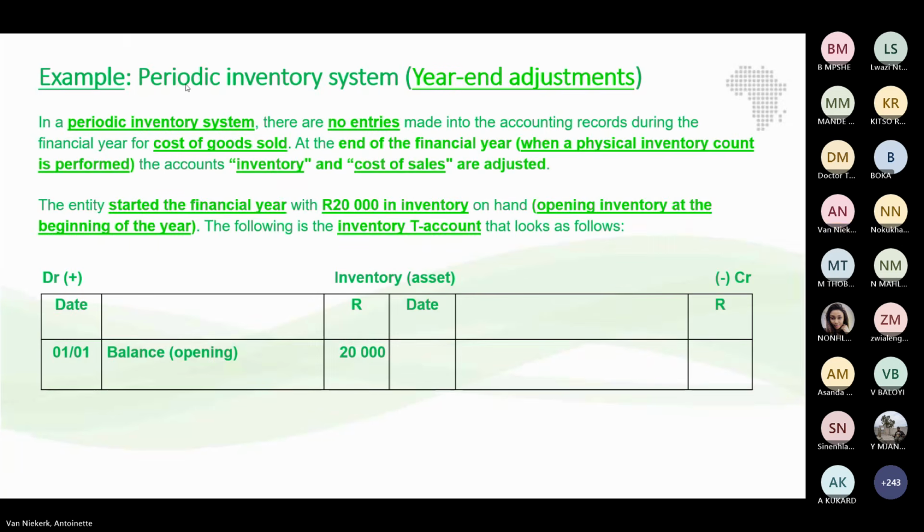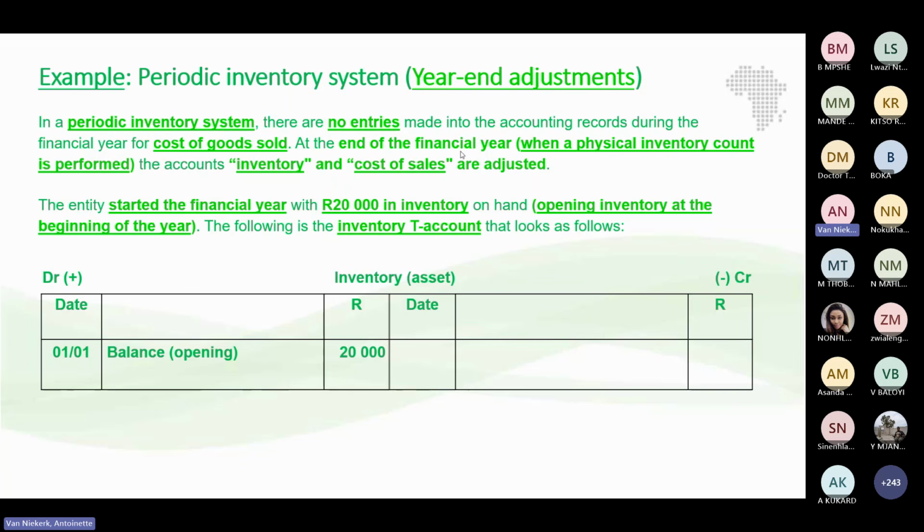Now, we are going to look at year-end adjustments for the periodic inventory system. In a periodic inventory system, there are no entries made into the accounting records during the financial year for cost of goods sold, which we already know.